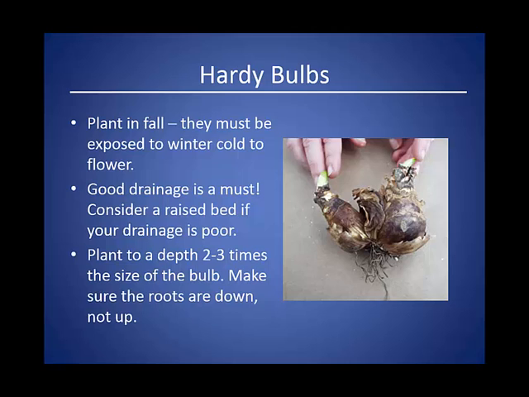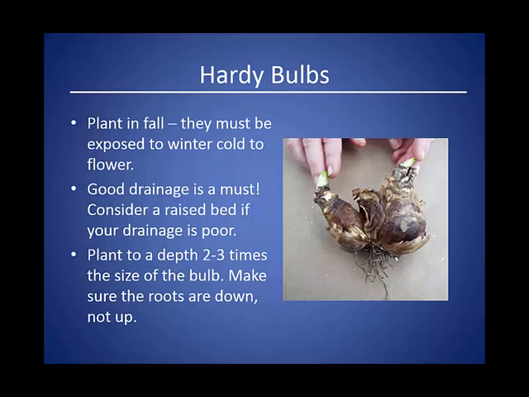There's all kinds of different sizes of bulbs out there, from itty bitty tiny to fist-sized bulbs. And just as a general guideline, you're planting them 2 to 3 times the depth of the size of the bulb. So if it's a tiny little bulb, it's not going very deep. If it's a big guy, it goes pretty deep.